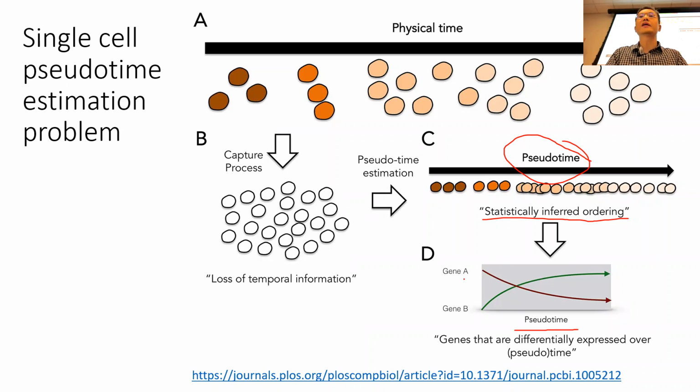For example, if gene A is downregulated across the development time, while gene B, as a function of time, has an increased level of expression, then A and B are pseudotime-associated genes. Other genes may not have this pattern, or have a more complex pattern you can look at. That's the principle of this.